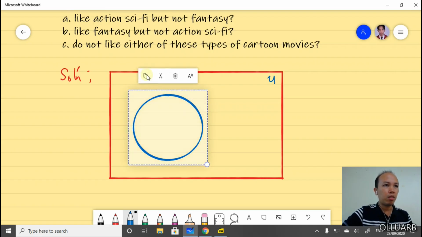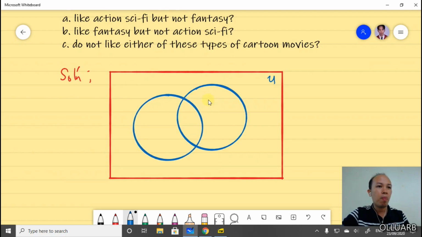I have to copy this and then paste, copy and paste. Then let's make it even more beautiful by aligning the two circles.